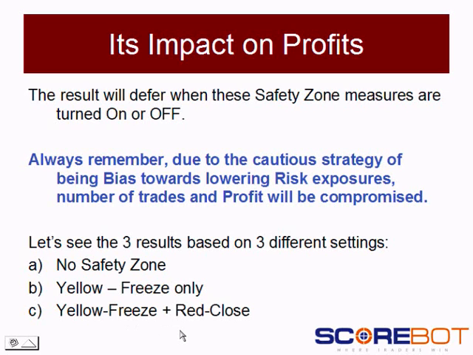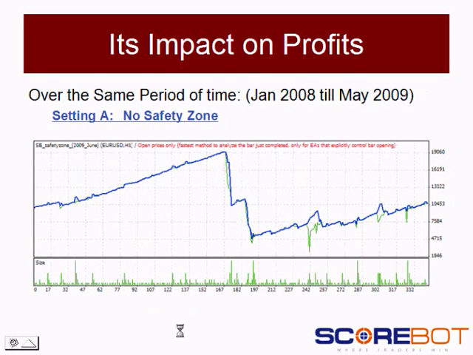And I take a snapshot of the balance and equity chart, and this is no safety zone. As I mentioned just now, this period of time is purposely selected because it cuts across the most challenging period, that is during the financial crisis.